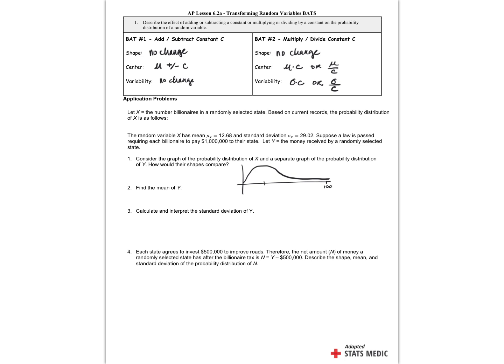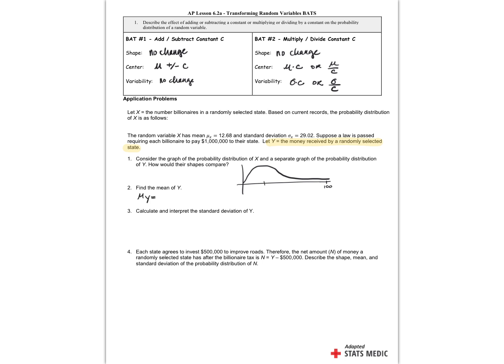Find the mean of Y. Y is how much money is the state going to receive, right? So what does it say? Money received by a randomly selected state. What do we know about the money they're going to get?